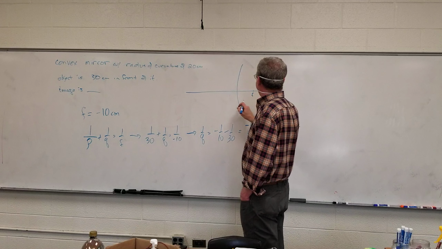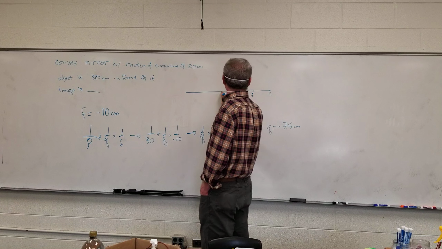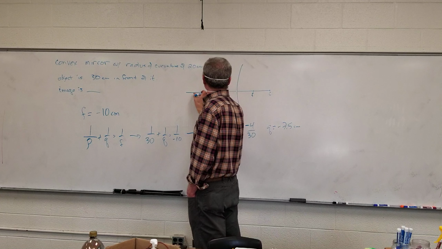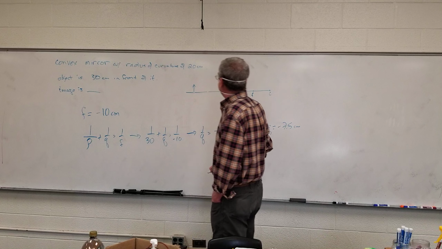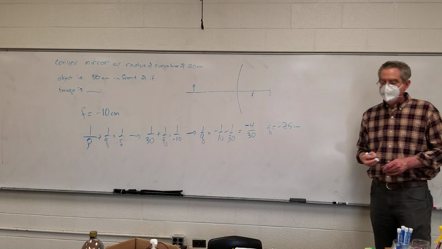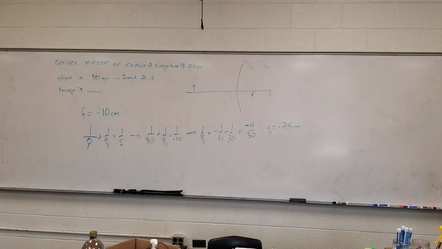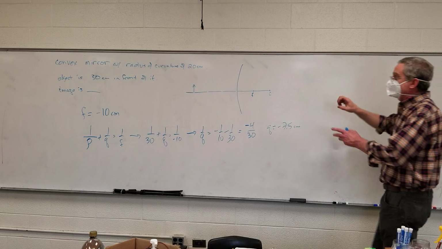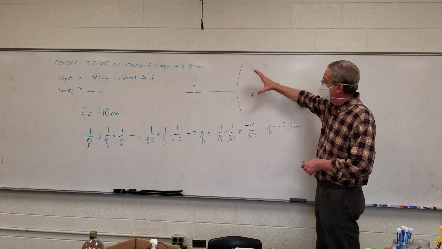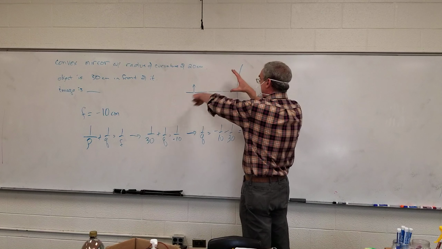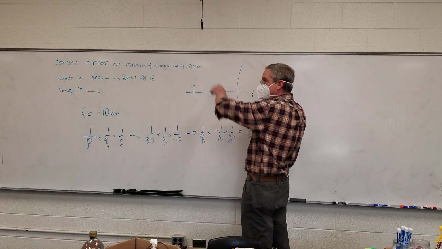This is my focal point. So my object is here. Now when light comes in straight and hits the mirror, it's gonna bounce away from the central axis. Unlike with the concave mirror, where it's gonna hit and head towards the axis, here it's gonna hit and move away from the axis.